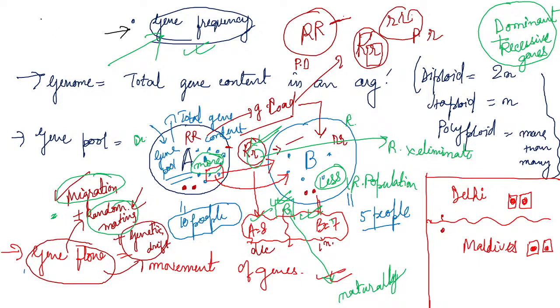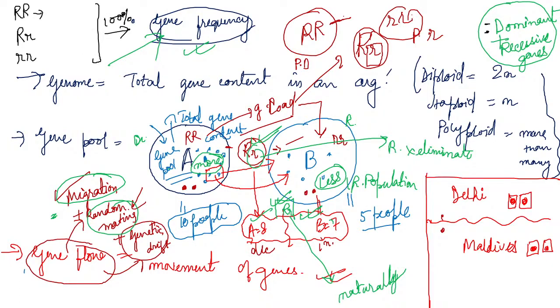So if there is a population containing dominant genes and recessive genes, dominant genes will be described as capital R, capital R, recessive genes as small r, small r, and the intermediate people or heterozygotes as capital R and small r. Now what will be the gene frequency if the total is 100%?